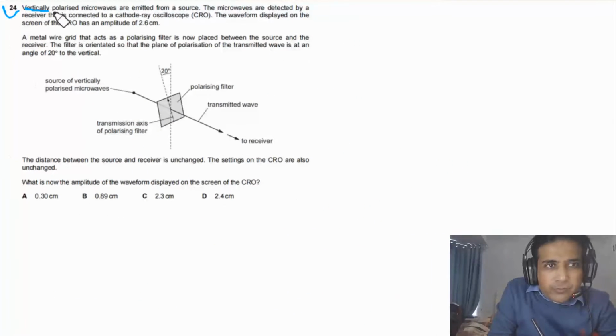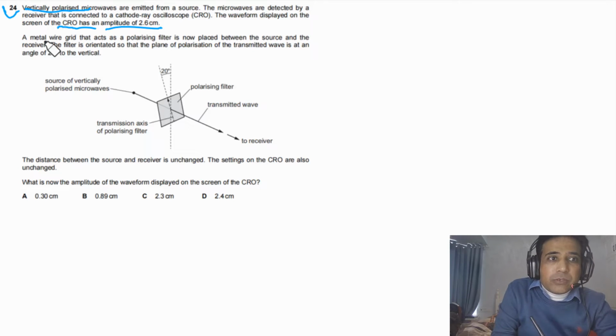Question 24 says vertically polarized microwaves are emitted from a source. The microwaves are detected by a receiver that is connected to a CRO. The waveform displayed on the screen of the CRO has an amplitude of 2.6 centimeters. A metal wire grid that acts as a polarizing filter is now placed between the source and the receiver.